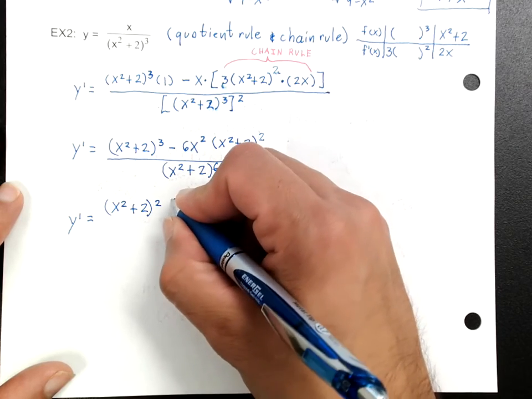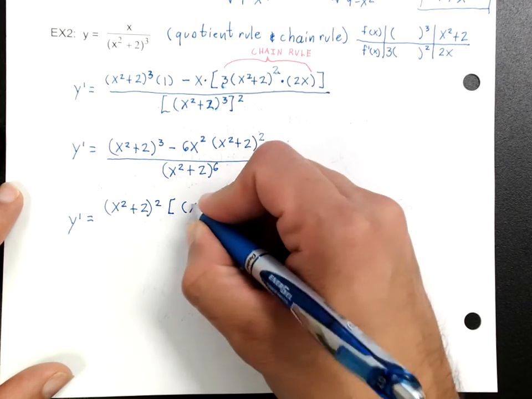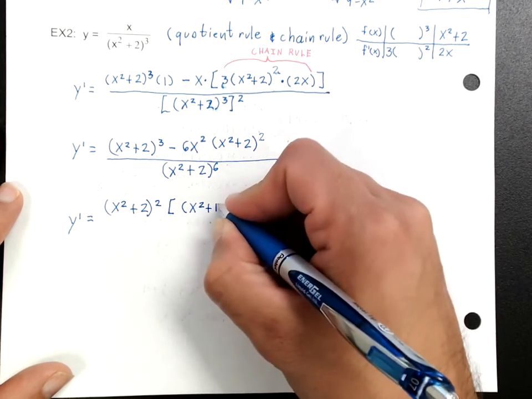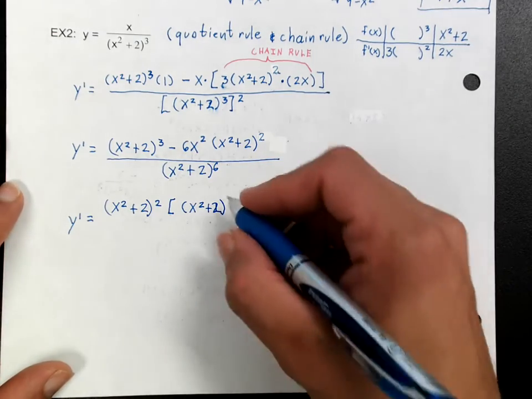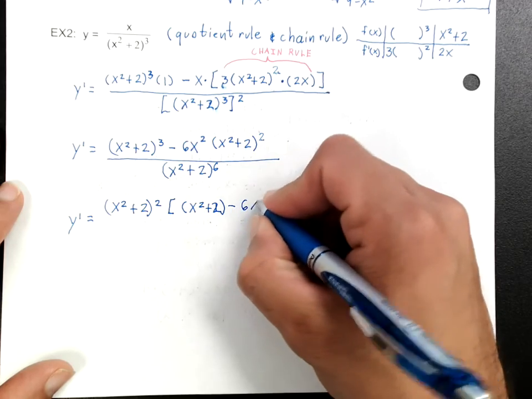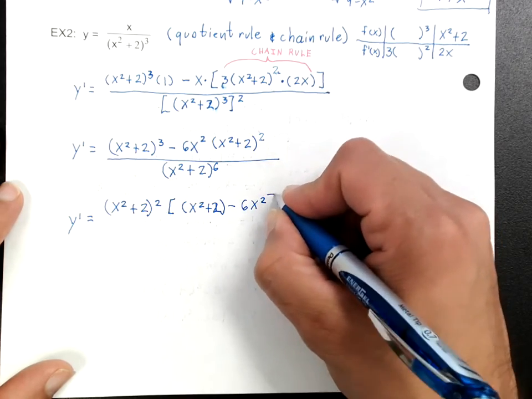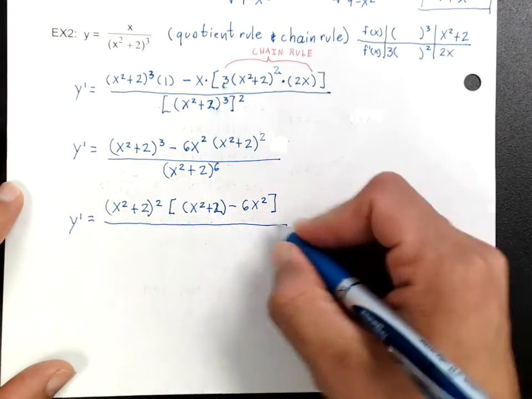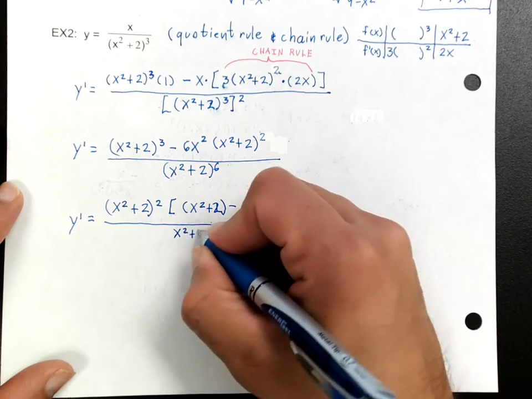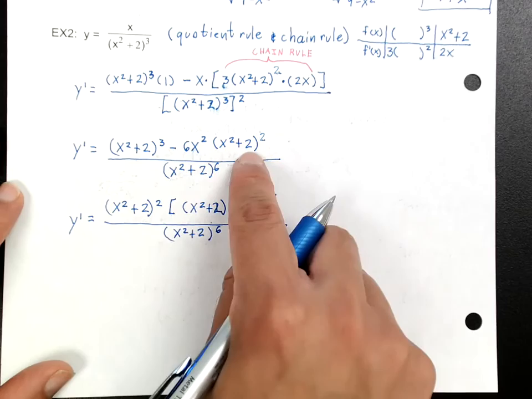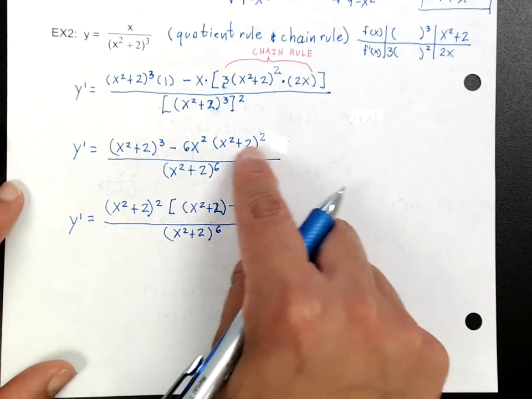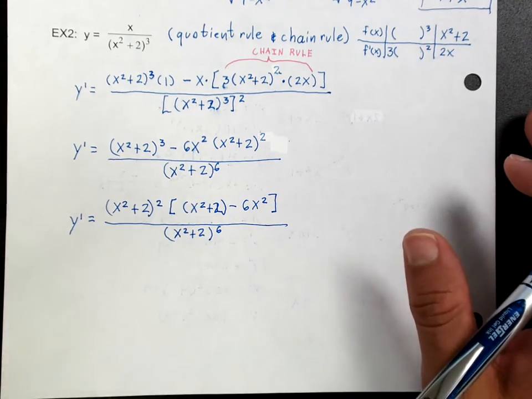So this will give me x squared plus 2 to the first power, minus 6x squared, all over x squared plus 2 to the 6th. Again, at the top what happened is I factored out the smallest one of these, which in this case is x squared plus 2 squared.